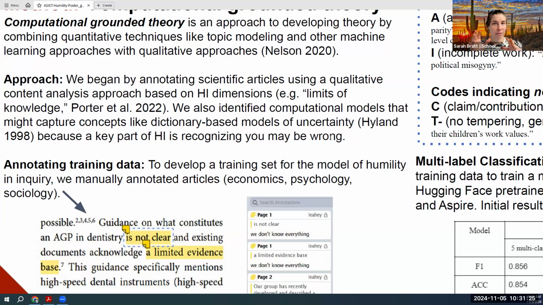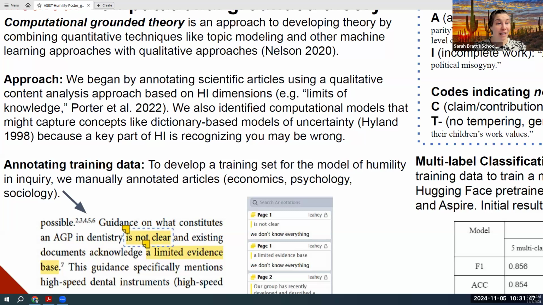So as maybe many of you know, there's well-established literature in identifying uncertainty, such as hedging, right? Hedging literature. Oh, we suggest that this may be the case, right? So there are these words we can pick out, like may or might or perhaps, that suggest uncertainty.